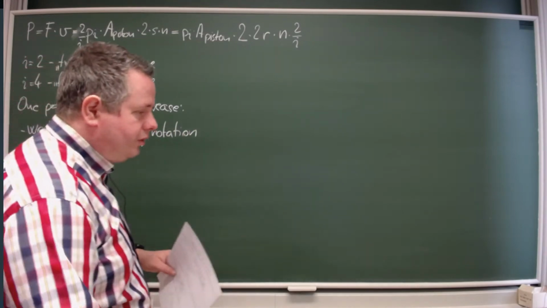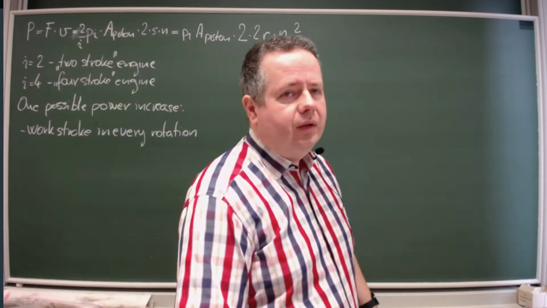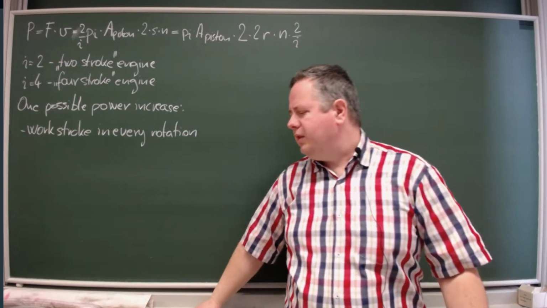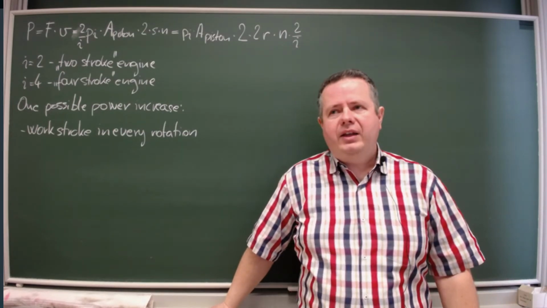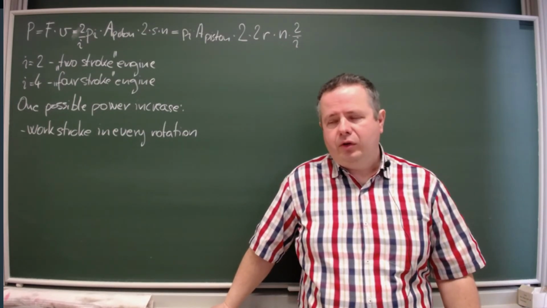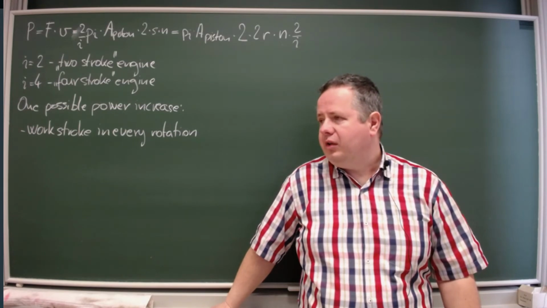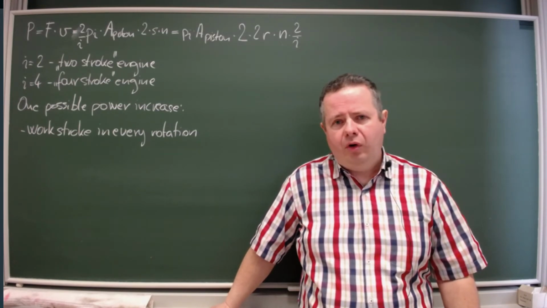If I want a work stroke in every rotation, that has a consequence, and the consequence is that I cannot use the top of the piston and the cylinder volume in the top of the piston for all the classical parts of the 4-stroke process.